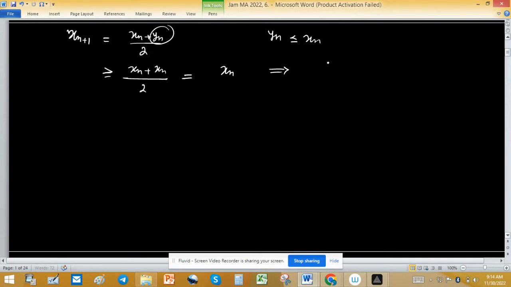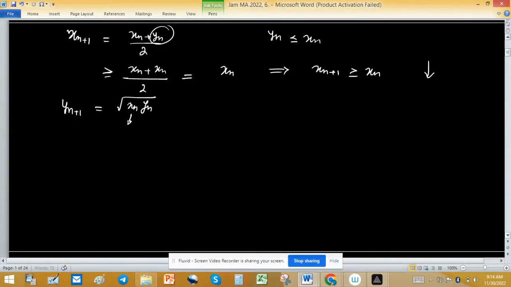From this we have x_{n+1} less than or equal to x_n, means the sequence x_n is monotonic decreasing. And y_{n+1} equals the square root of x_n into y_n.